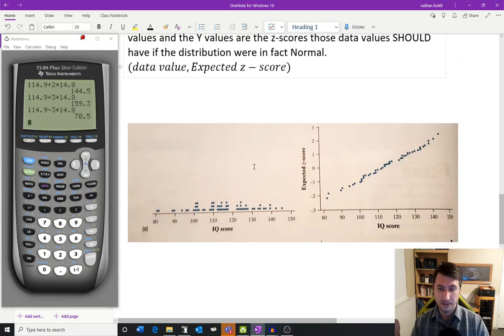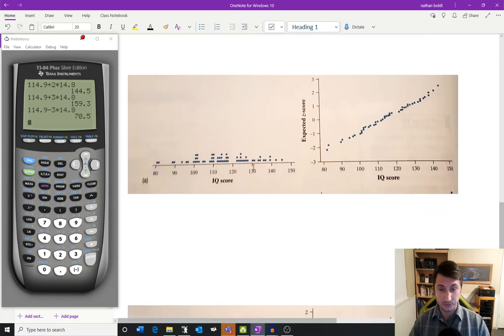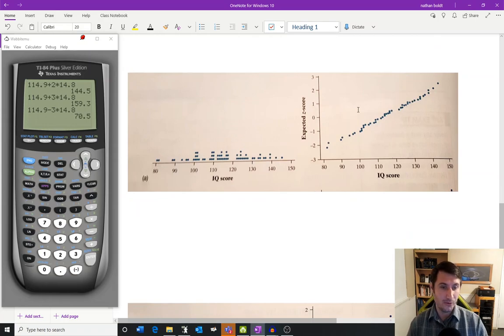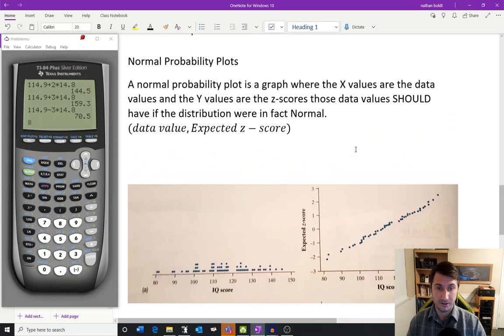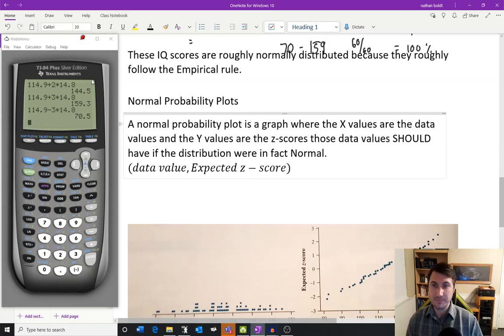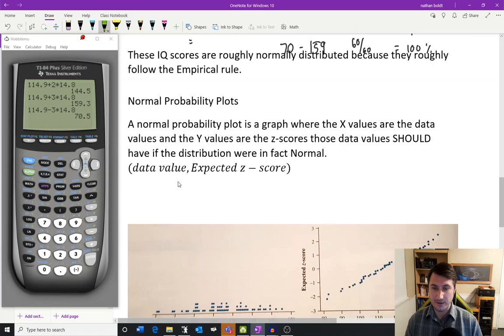So here are the IQ scores, and here's what that normal probability plot should look like if it is in fact normal. The key characteristic I want you to see is that this is a linear line. So I'm going to write that down. That is the basic value that I want you to understand, because I might lose you on the next part.